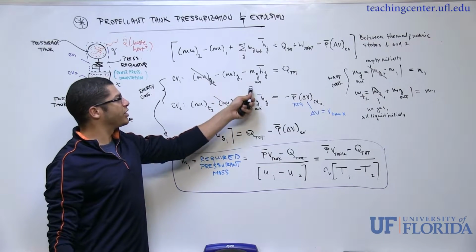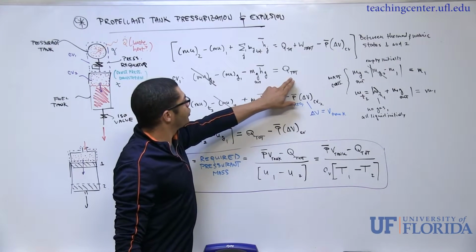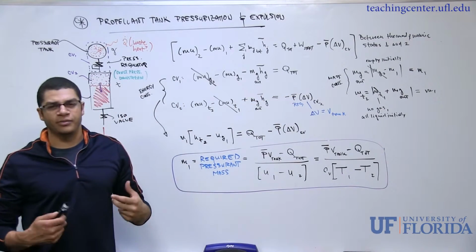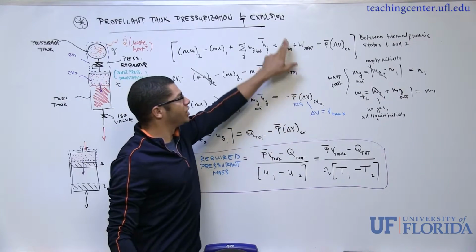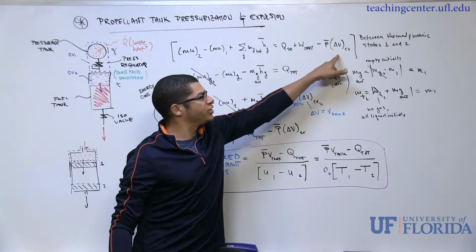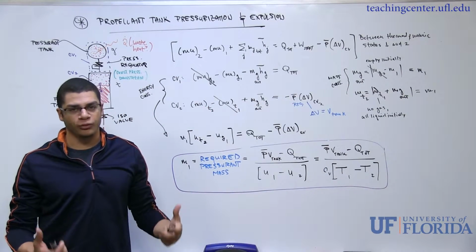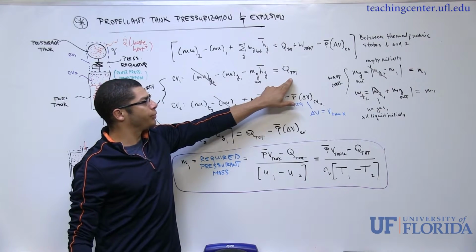And again, minus sign because it's an outflow. Now on the right-hand side, the only thing that I've included is the possibility of heat transfer into this tank. And I've neglected shaft work. We don't have any shafts entering or leaving. And because it's rigid, there is no movable or deformable boundary work. This will come into play a little bit later.